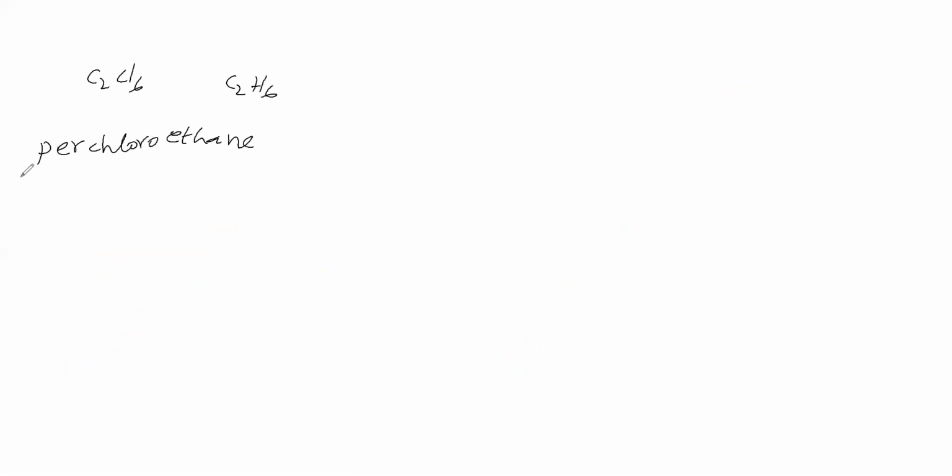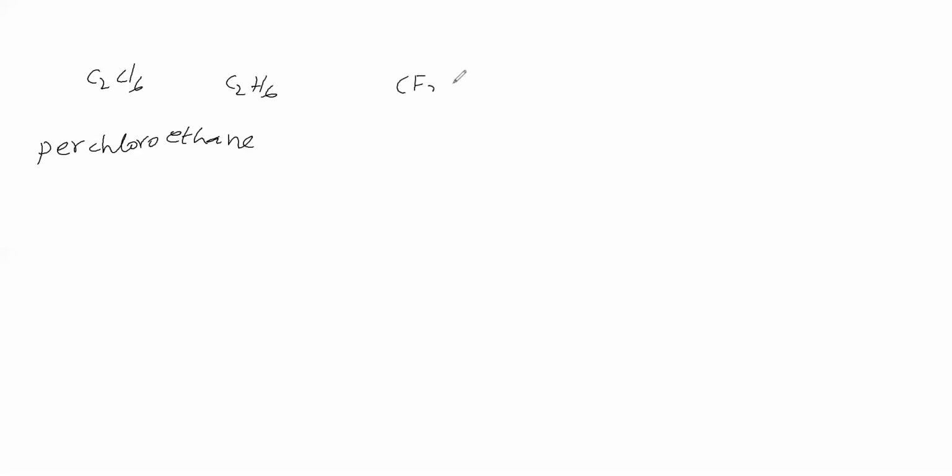Cl is there, therefore perchloro. All the hydrogen atoms of ethane are replaced by Cl, therefore it is called perchloroethane. We'll see one more example for this.